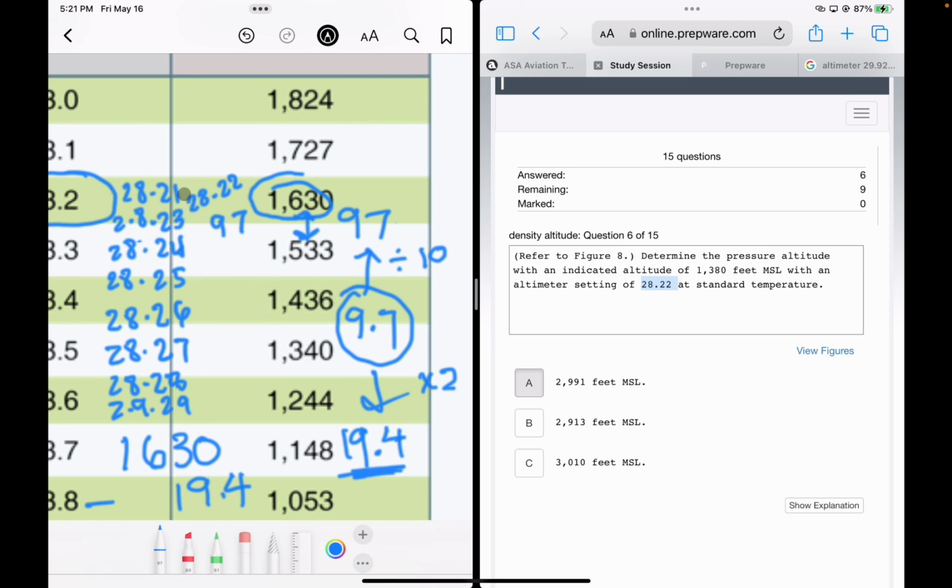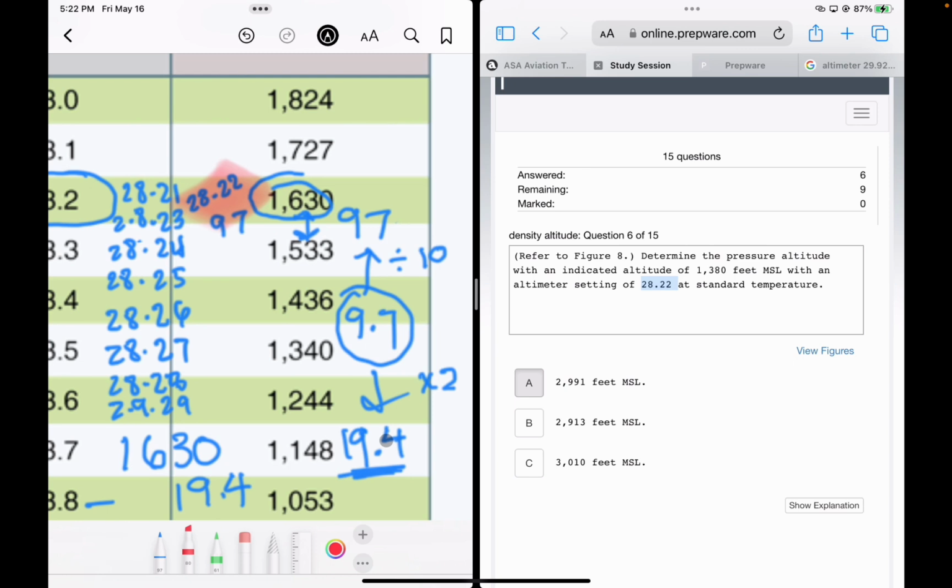But 1/10 would be 9.7, and we don't want to know what that 1/10 is, because we want to know what 0.22 is. So that's actually 2/10. That's why I multiplied by 2, which is 19.4.